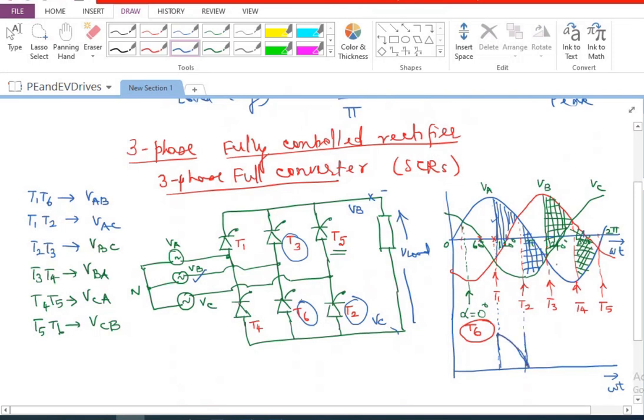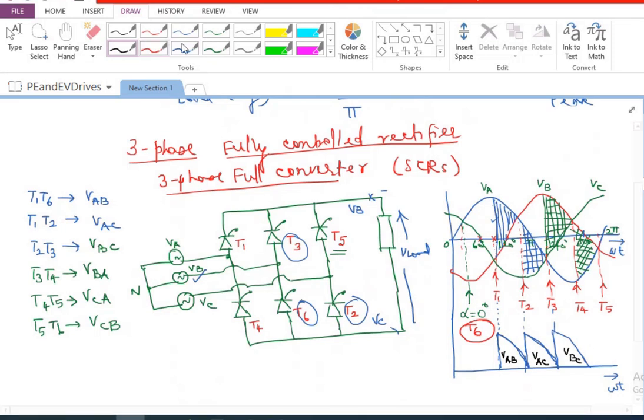And the next one, which is coming up corresponding to T2 and T3, again, this will be somewhat like this. And we are going to have the voltages continuously coming up like this for every 60 degrees. Only difference is during this period, it is going to be VAB. During this period, it will be VAC. This will be VBC.